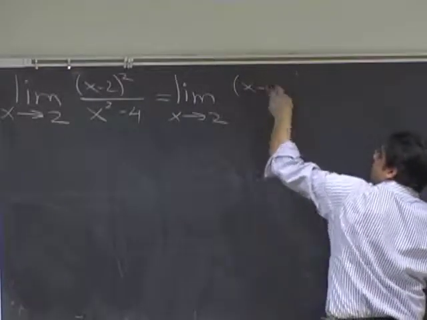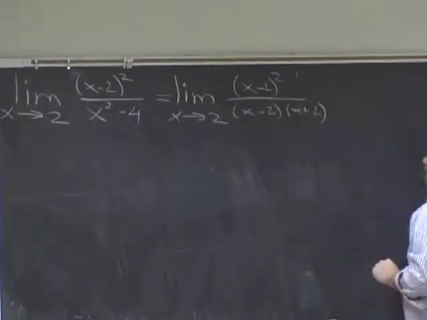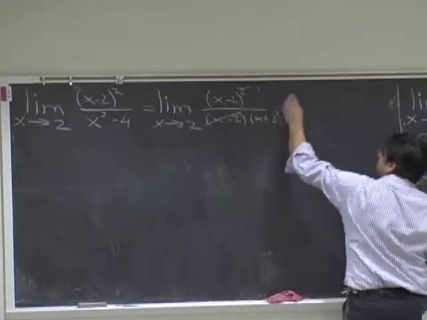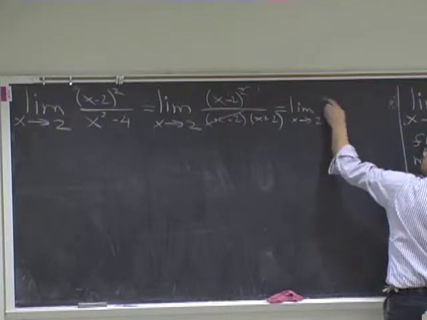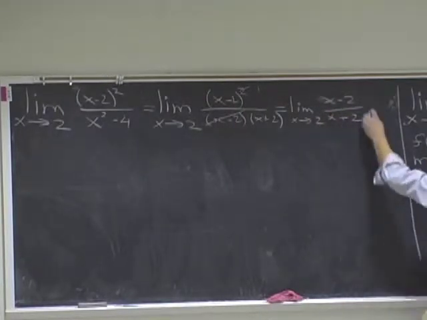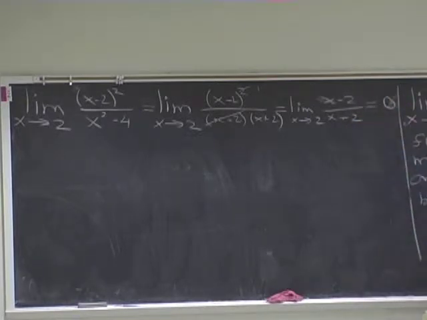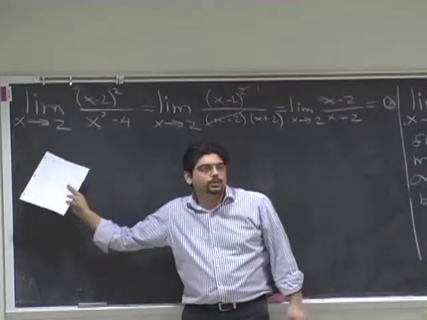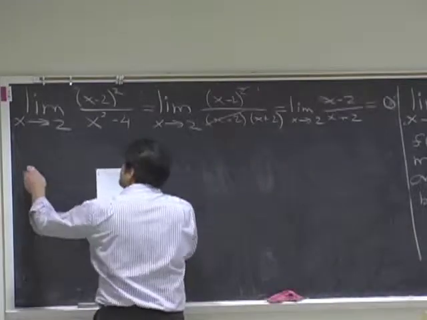So if I rewrite this expression like that, then since x is not 2, I can simplify. What is this limit equal to? 0 over 4, so the limit is 0. So do we have a vertical asymptote at x equals 2? No. Right?